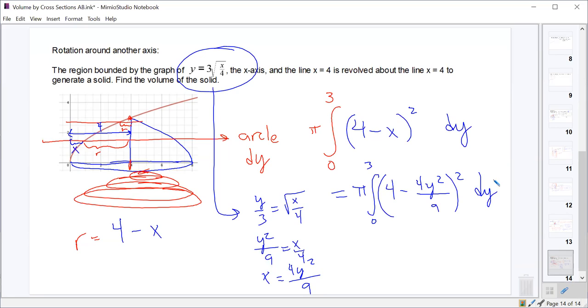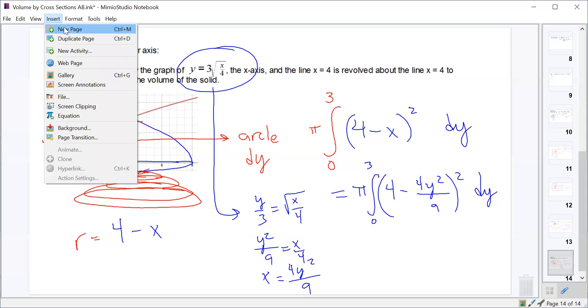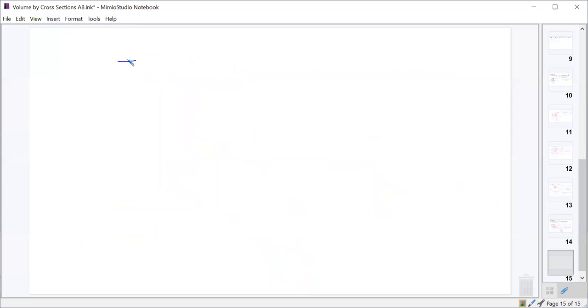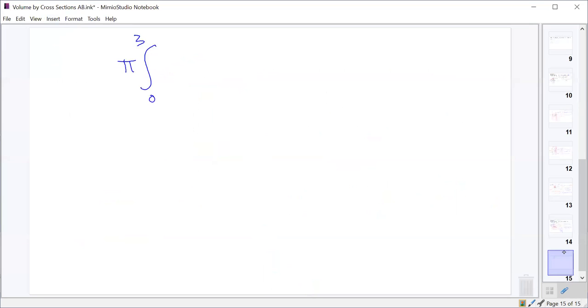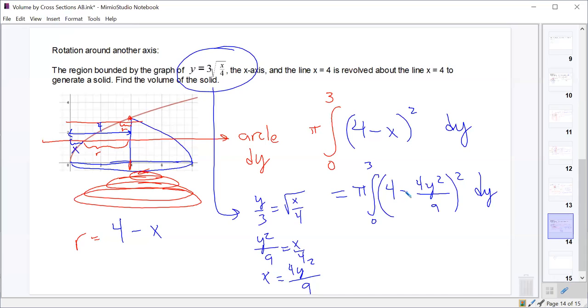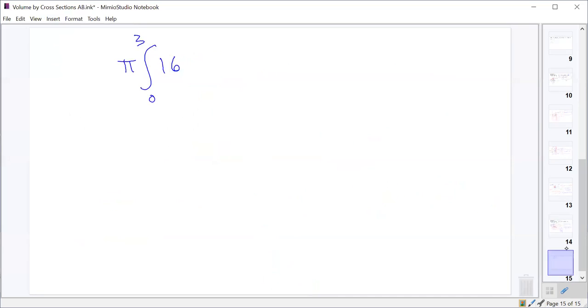And then we would never have to solve that by hand, right? Or would we ever have to do that? Of course we would. Let's do it right now. So what should that turn into? It'd be pi times the integral from 0 to 3, and we had 4 minus 4y squared over 9 squared. So that would be a 16 to start with. And then this would become a negative 32y squared over 9.